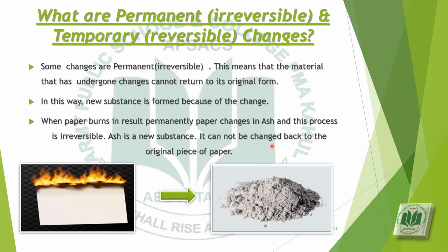It cannot be changed back to the original piece of paper. Here we have an example of a piece of paper which burns, and as a result we can observe that it totally changes into ash. So this process is irreversible because it is not possible to change this ash back into a piece of paper.